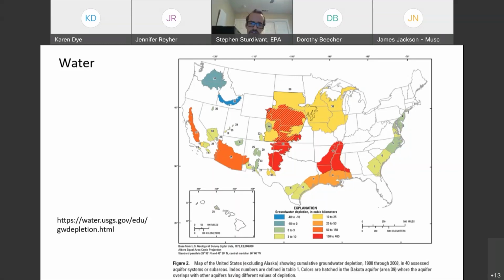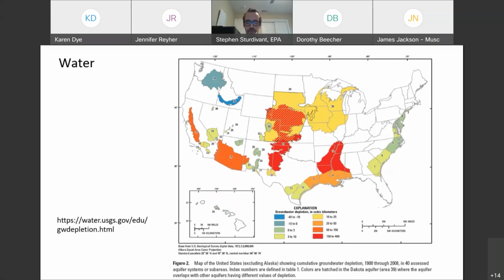And a lot of communities are trying to figure out what are we going to do to fill this need once this water resource runs out. And this groundwater is a source of drinking water for about half of the United States population. But the biggest user of this water is food production.